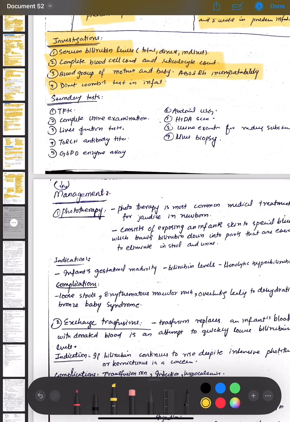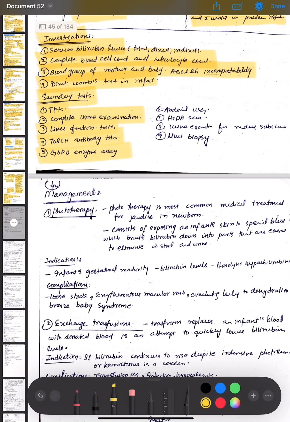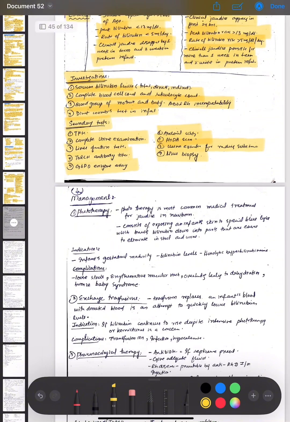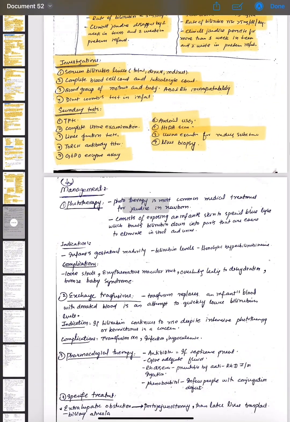The secondary tests are TFTs, complete urine examination, liver function test, TORCH antibody titer, glucose-6-phosphate dehydrogenase enzyme assay, abdominal ultrasound, HIDA scan, urine testing for reducing substances, and liver biopsy. All these investigations are done for the disease of jaundice neonatorum.